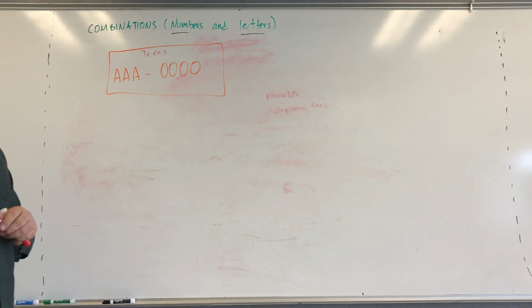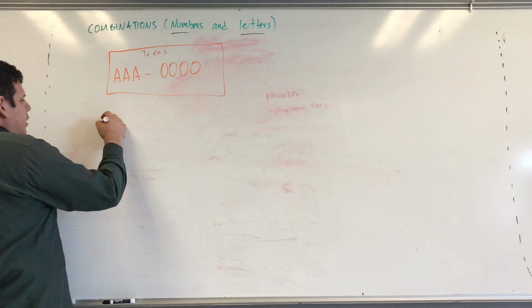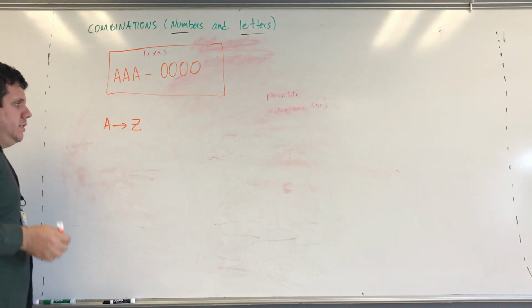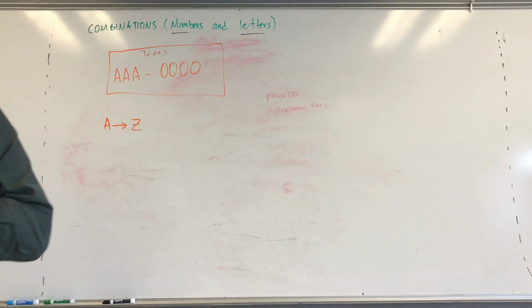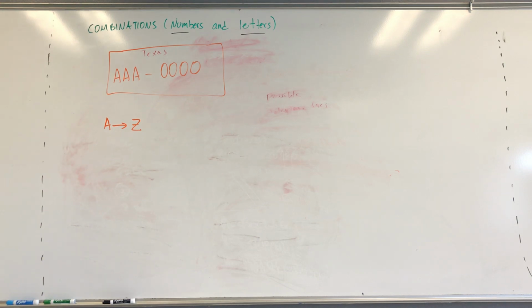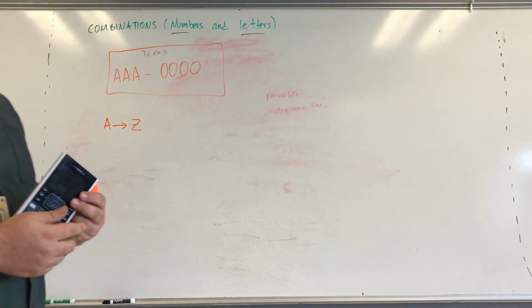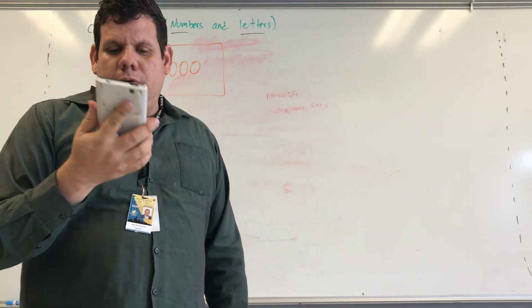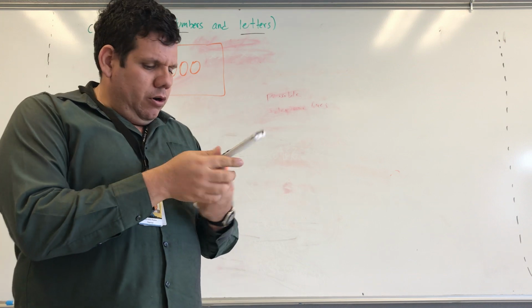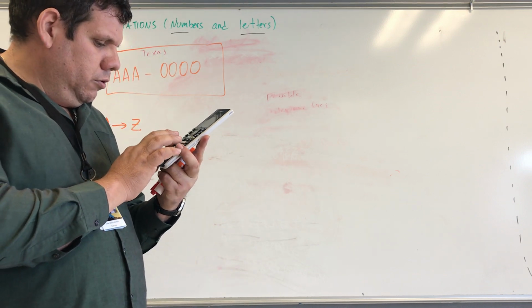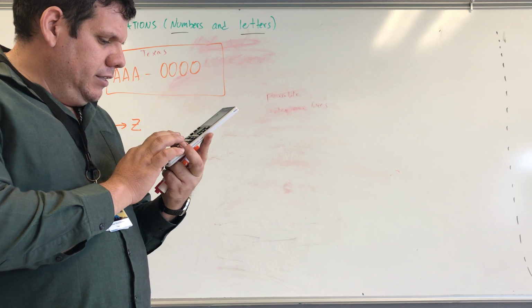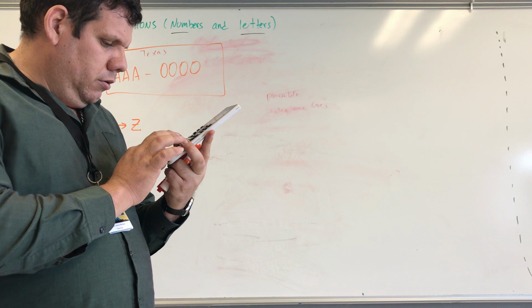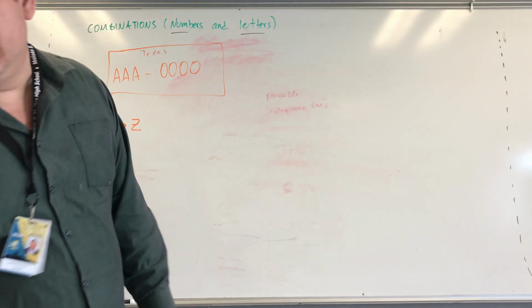Let me explain you first with a single letter. It can go from A to Z. How many letters do we have in our alphabet? If you count all the letters that you have on your keyboard or the calculator keyboard, we have just 26. 1, 2, 3, 4, 5, 6, 7, 8, 9, 10... 26 letters in total.